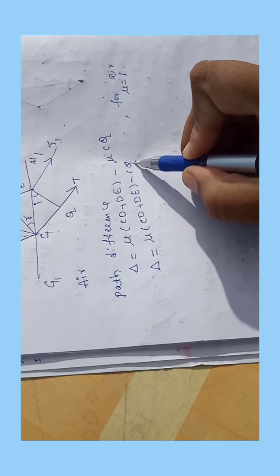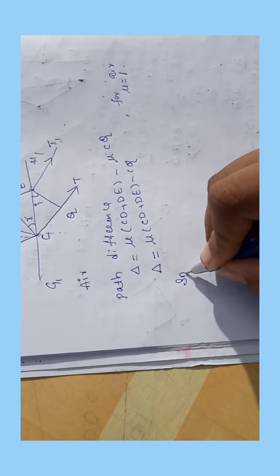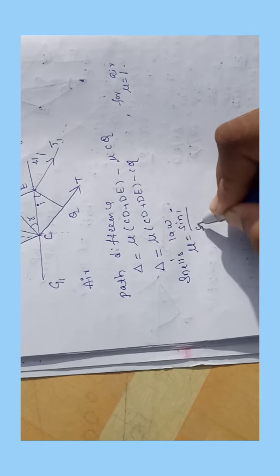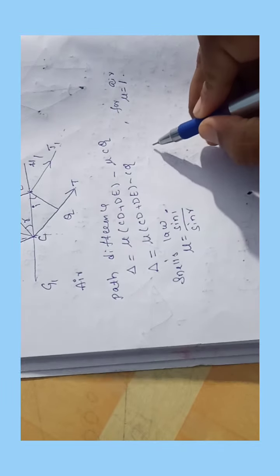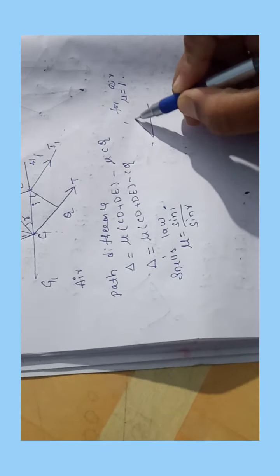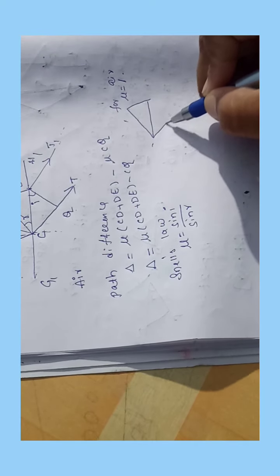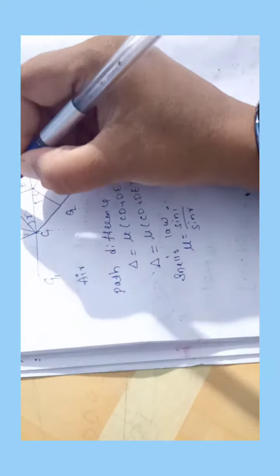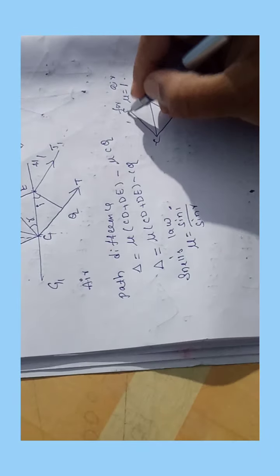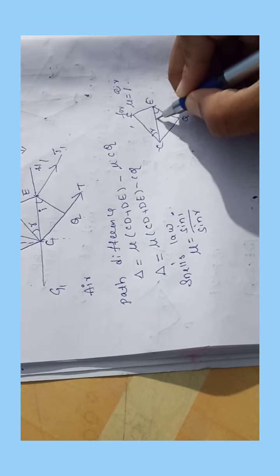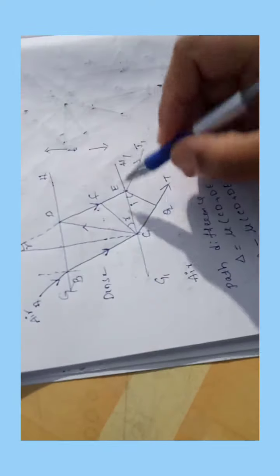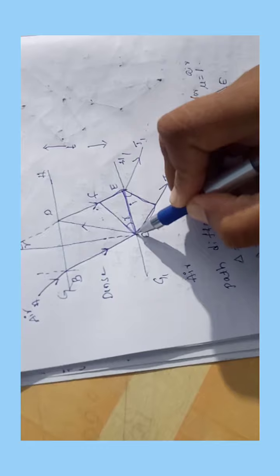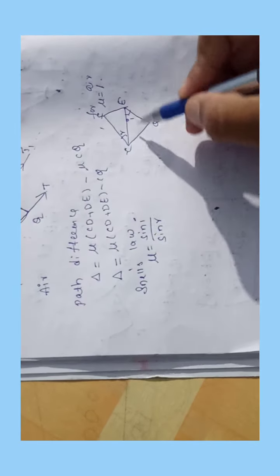Now let us find the value of CQ. From Snell's law, mu equals sin I by sin R. In the diagram we have these triangles, C, E, Q and let us suppose F. One triangle is CEQ, the other triangle is CFE.